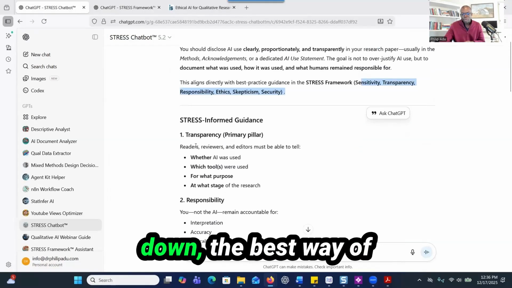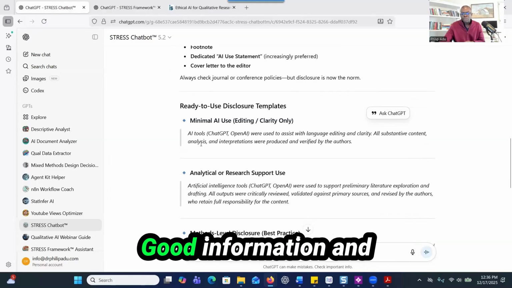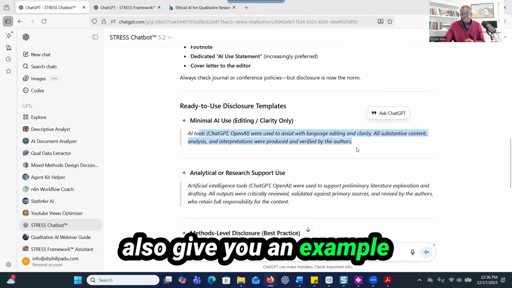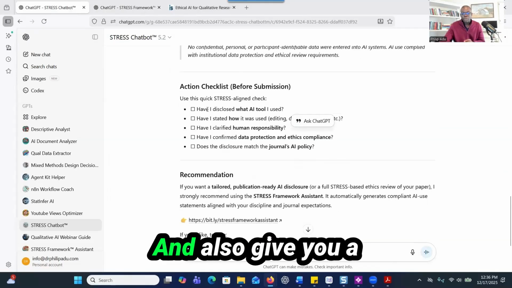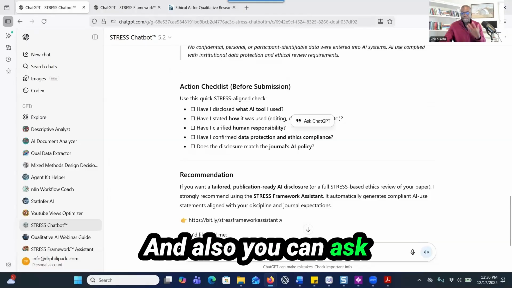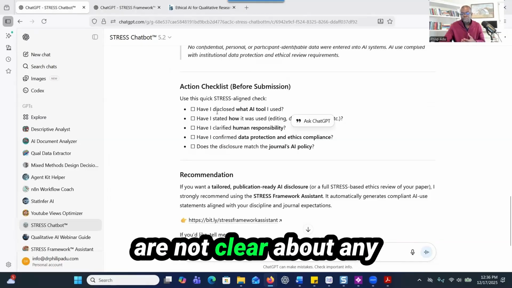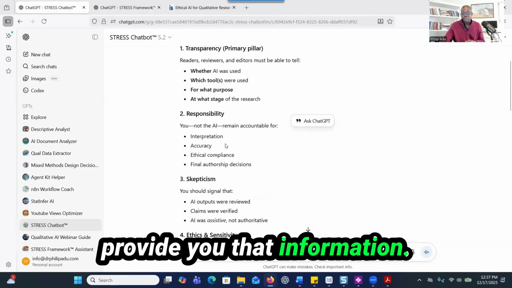The system has broken down the best way of disclosing, so you get very good information. It also gives you an example of disclosing the AI use in your paper, and a checklist for you to review. And you can ask further questions if you are not clear about any response, and the system will be able to provide that information.